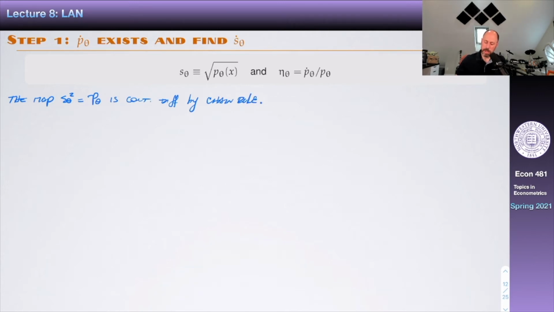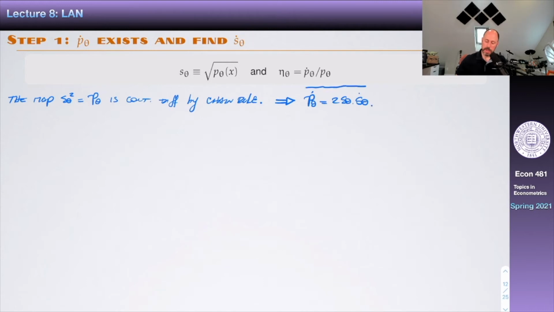Then note that p dot theta equals 2 s theta times s dot theta.